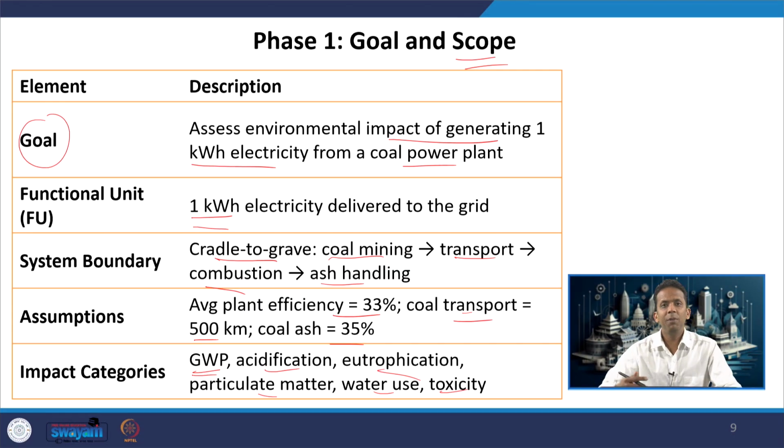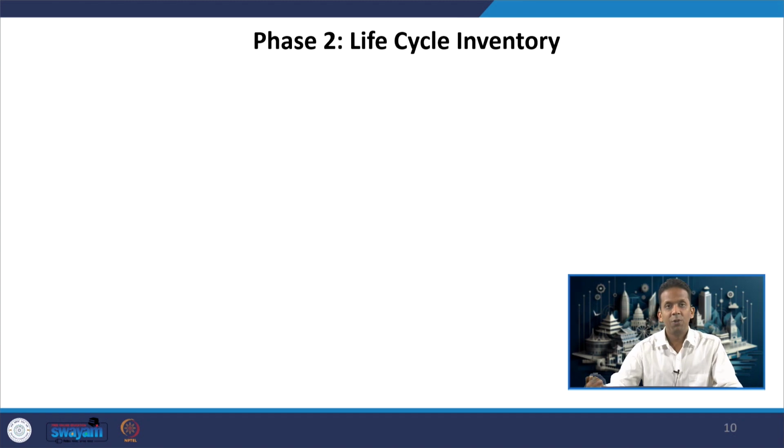Sometimes it can be on the basis of the one who proposes the project, or someone who is interested in knowing which are the important impact categories for a particular project. So, those impact categories will definitely be considered. So, that was the goal and scope.